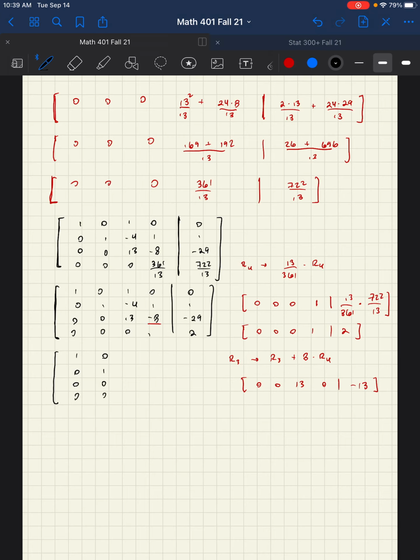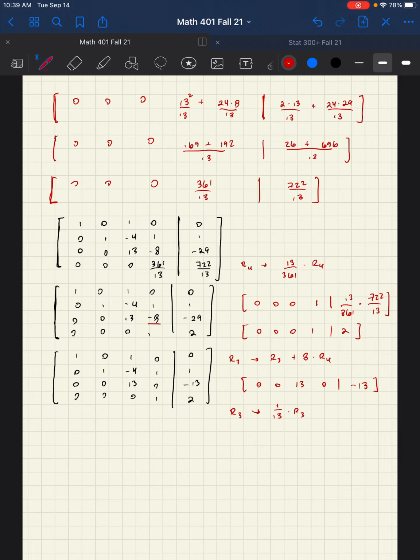1, 0, 0, 0, 0, 1, 0, 0, 1, negative 4, 13, 0, 0, 1, 0, 1, and 0, 1, negative 13, 2. Okay, now you can see that row 3 is actually going to end up working out nicely as well, because we're going to replace row 3 by dividing both sides by 13.